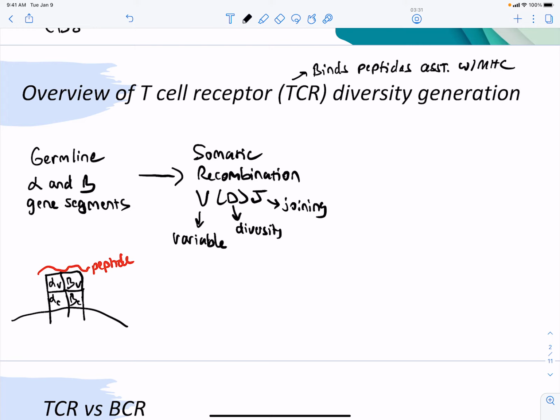And they are going to have the ability to recognize potentially all known peptides for pathogens that you may be exposed to during your lifespan. So these recombination events will be followed by alpha and beta chain polypeptides. And then, of course, these will assemble into your T cell receptor, or TCR.